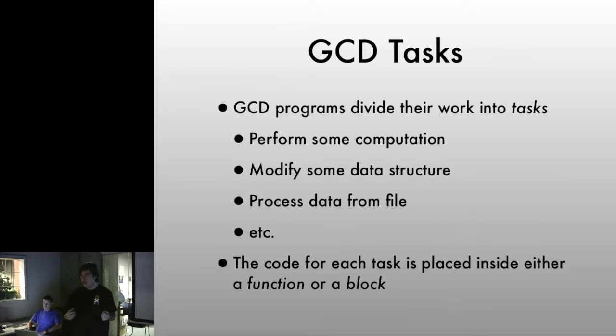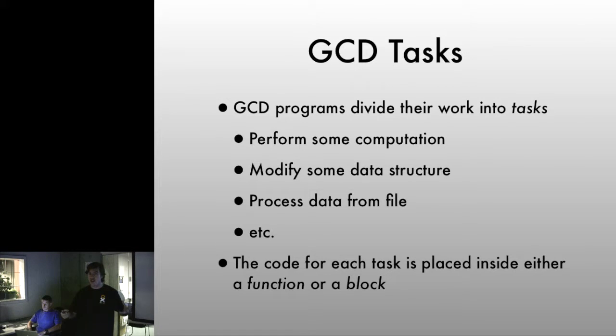GCD programs divide their work into what they call tasks. A task can really be anything you want, but in general, it's some kind of unit of operation that your application needs. It might be performing some computation, modifying some data structure, reading something in from file, writing something to file, and so on.